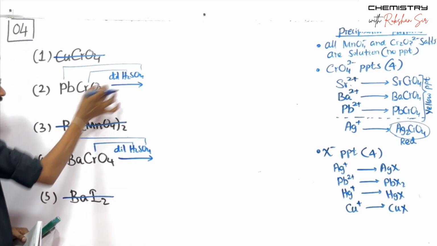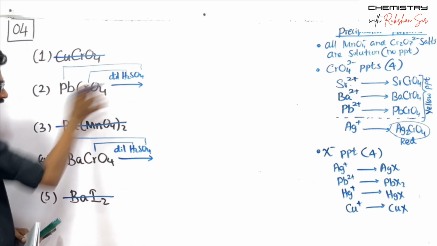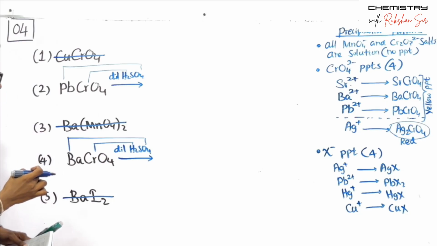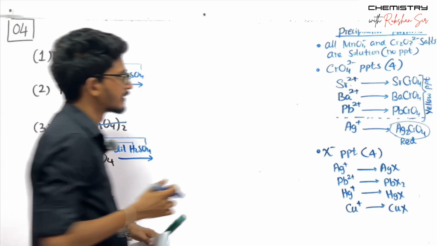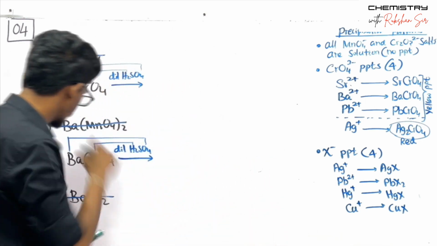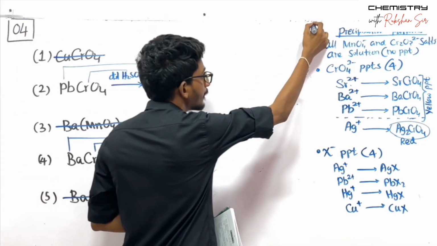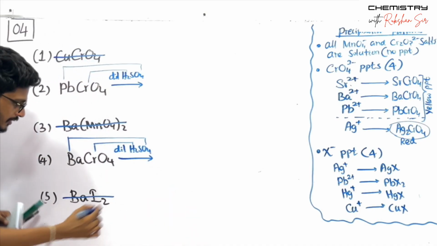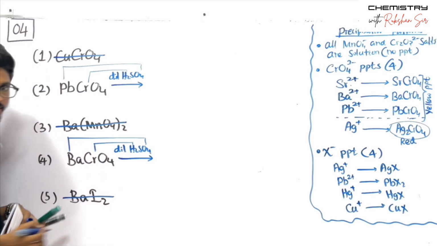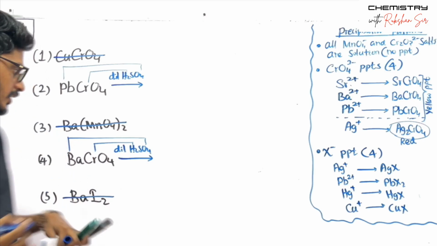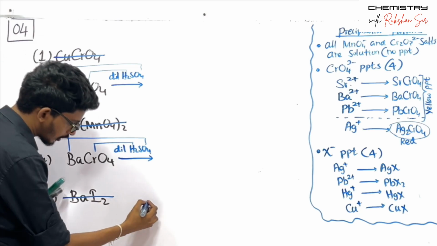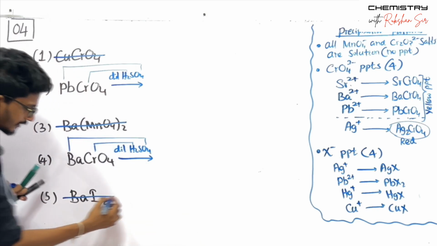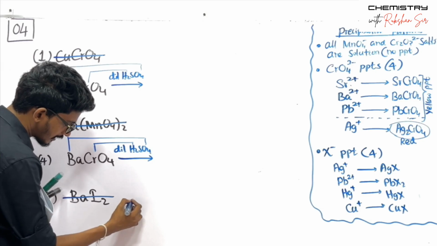So chromates with dil H plus. You know the chromates are yellowish colored. When it is added to dil H plus, what will happen? What is the knowledge there? You know that chromates and dichromates are in some kind of equilibrium.